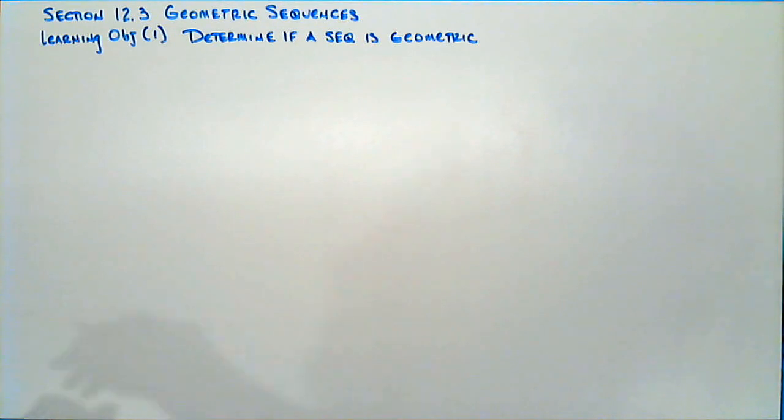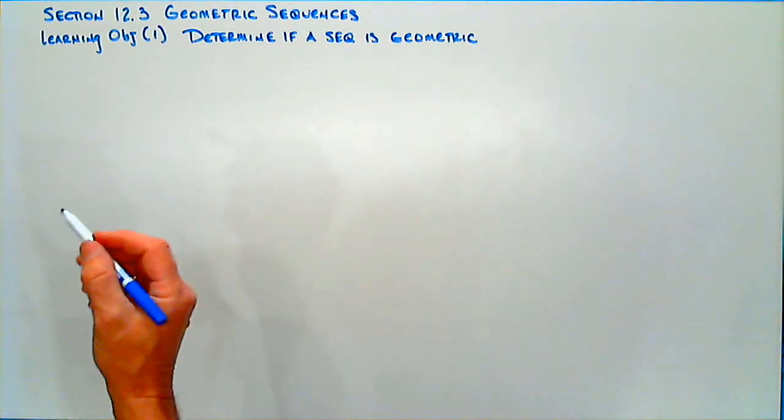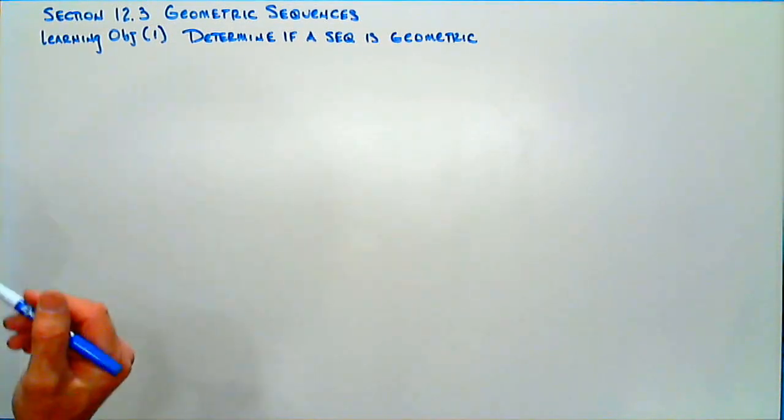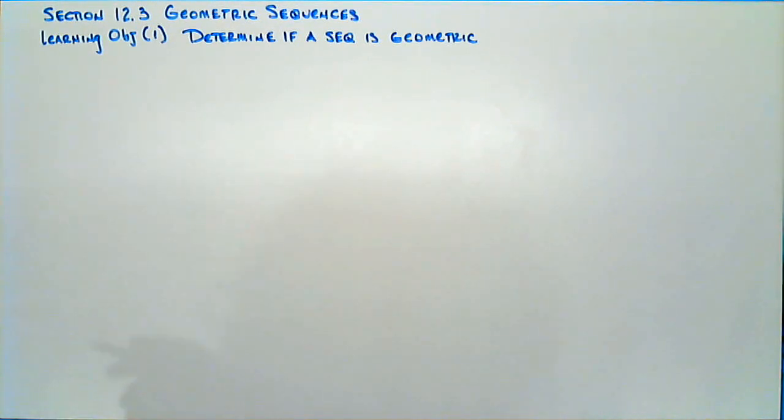Now we have to determine if a sequence is geometric. Often on a test, we'll get a question that'll say, is the following sequence arithmetic, geometric, or neither? And so that question would allow us the opportunity to test this learning objective and the learning objective from the previous section. So where are we going to begin?